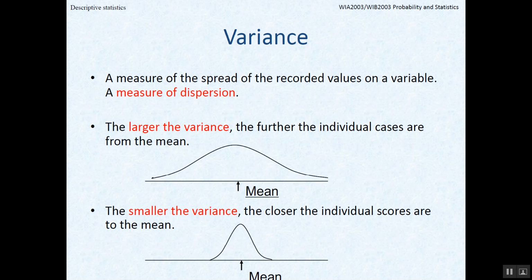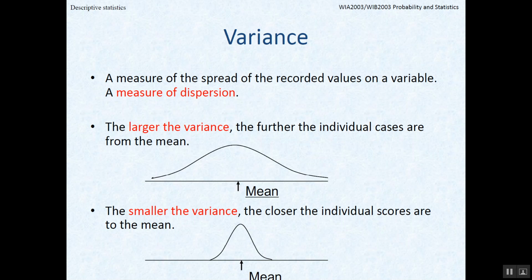I can calculate the average CGPA of the students in the class. But if I want to understand the spread of these values, or the measurement of dispersion, that means how each individual value I collected is actually distributed.